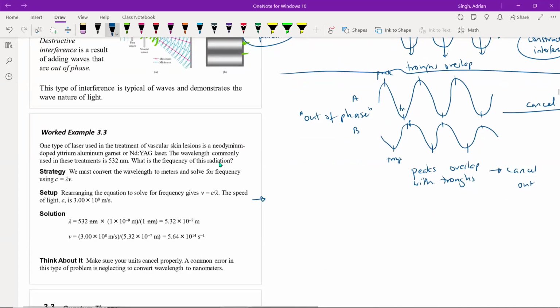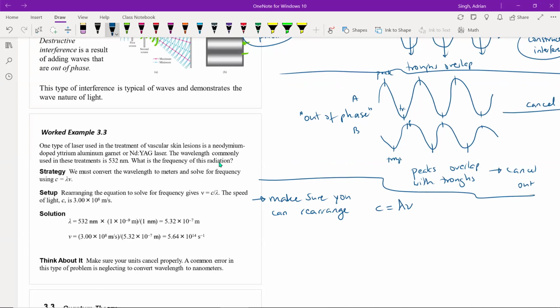So make sure you can rearrange the equation c equals lambda times nu. For example, given the information about this particular laser, the wavelength of the laser beam here is 532 nanometers, we need to find the frequency, okay?